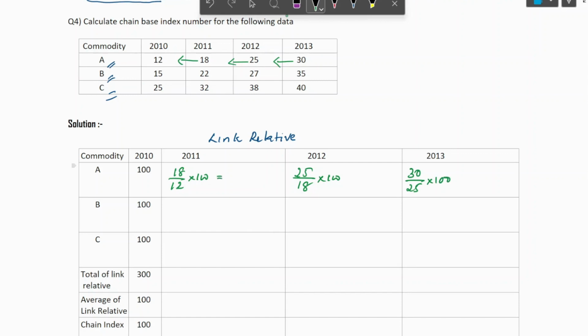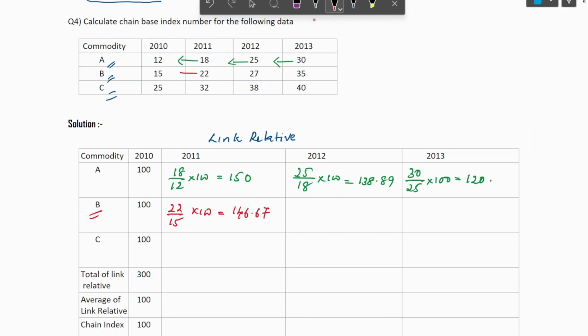Now calculate these values. First one, 18 divided by 12 gives 150. Next it is going to come 138.89, next one 120. For commodity B, you are calculating 22 divided by 15, that is current year price into 100, that is 146.67.